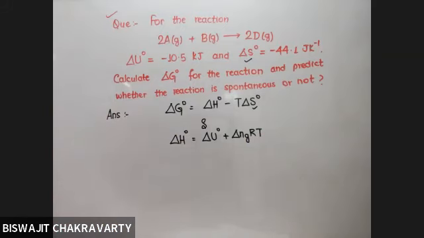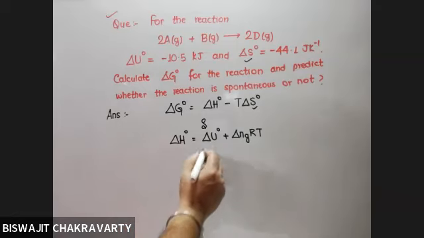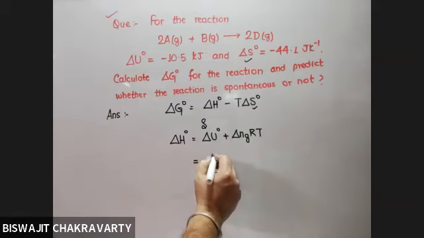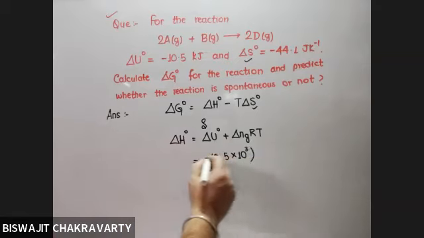So in the initial phase of thermodynamics, we have come across this particular relation. So how, with the help of this, we can calculate it? Delta U degree is minus 10.5 into 10 to the power 3 joules per mole.